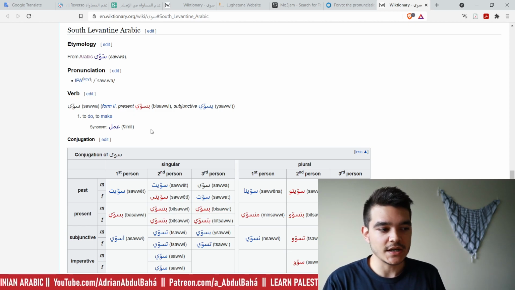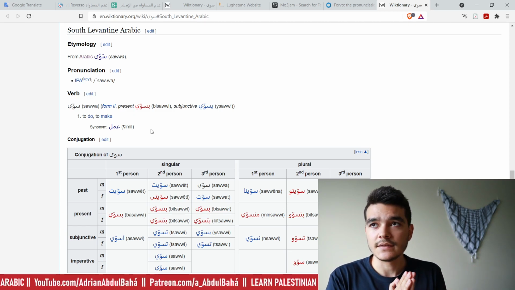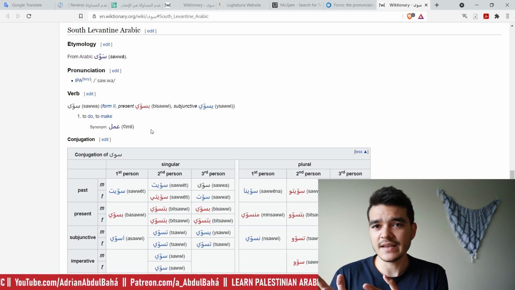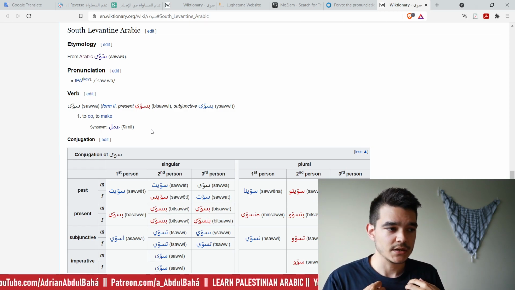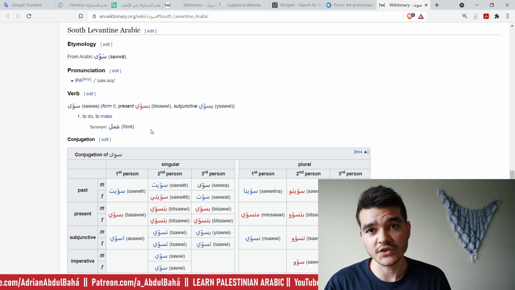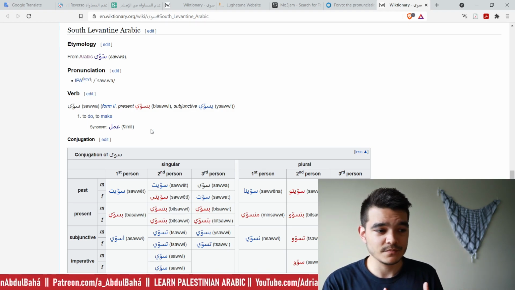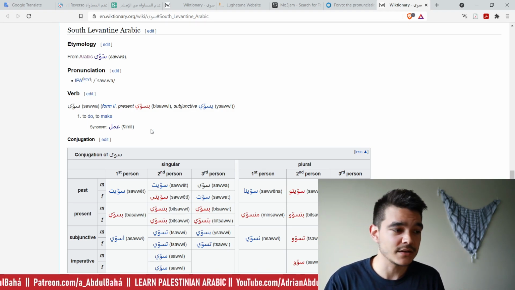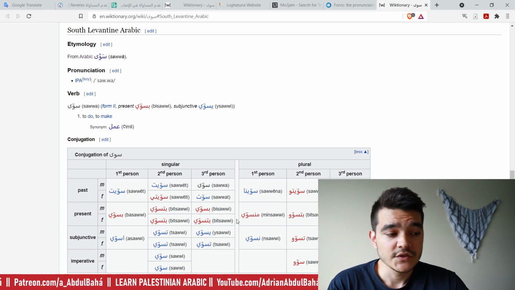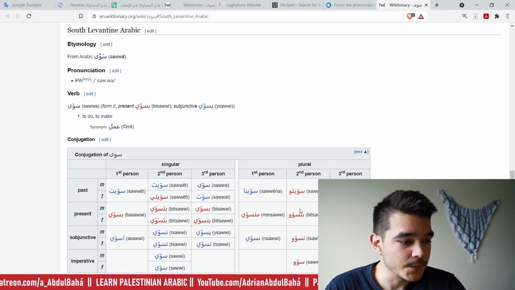For the example sentences, that's definitely just me, and there's only 40. So it's very slow. It's a work in progress. But I'm trying because, as you can see, there's really a lack of these types of resources. So that's where we're at right now.